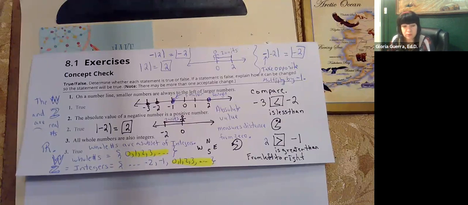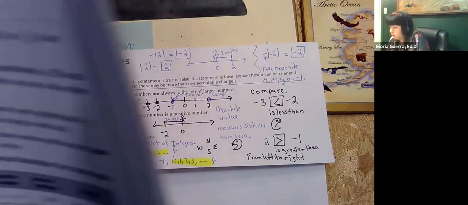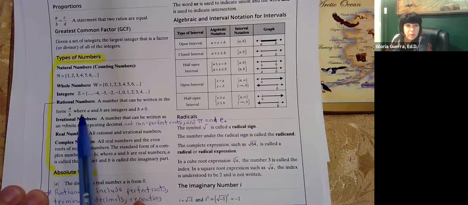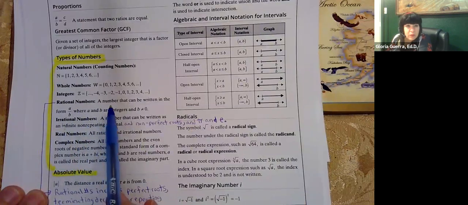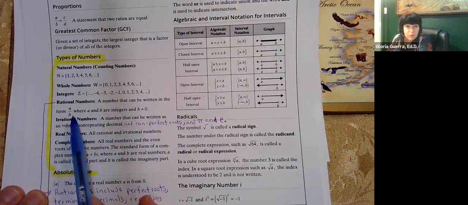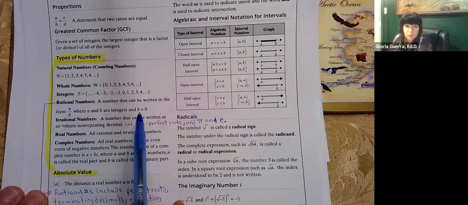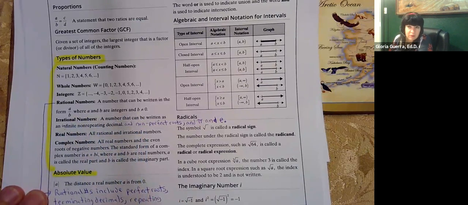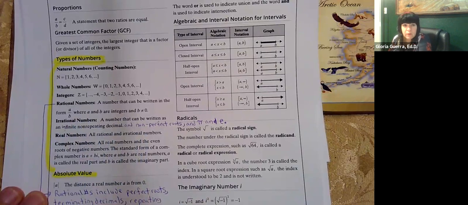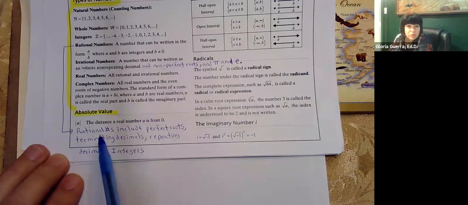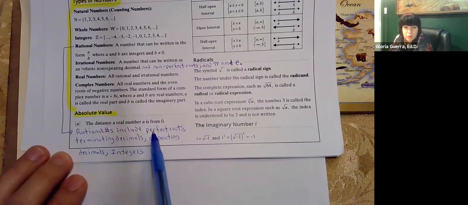Okay. So now, another vocabulary word that you want to put in here. Let's talk about rational numbers first. Rational numbers: a number that can be written in the form a over b, like you can make it a fraction, where a and b are integers, and you don't want b to be 0 because in math you can't divide by 0, it's undefined. But also we can say that rational numbers include the perfect roots.